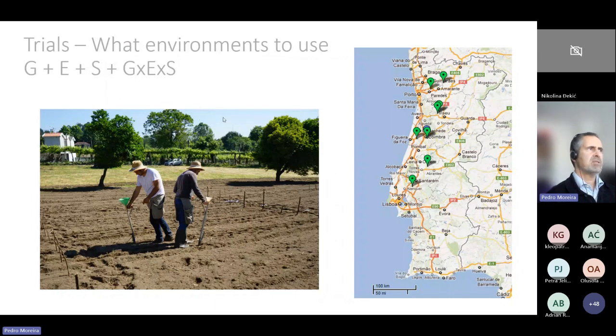But for us, it is also important that some of the genetic and the environment and even the management system, because we can also have our microbiome and our organic could be very influenced by the environment that we use.